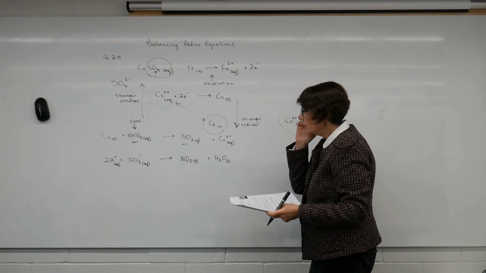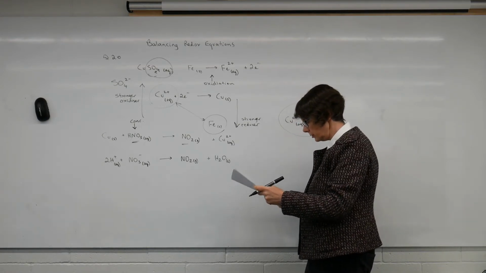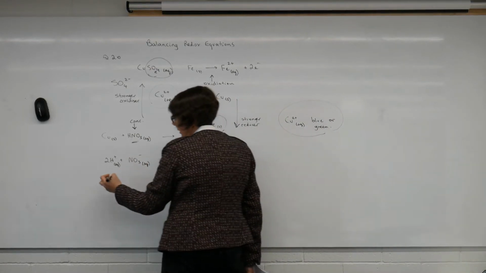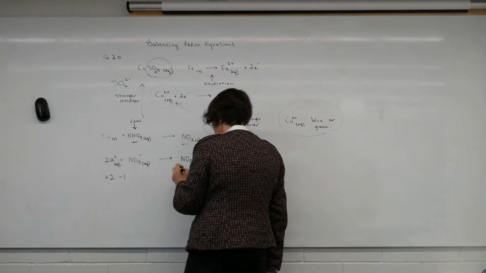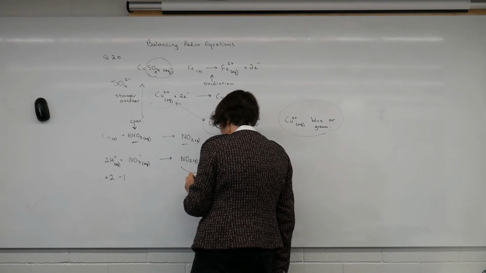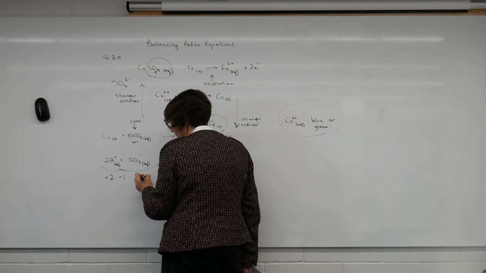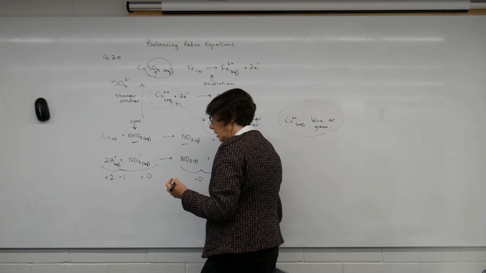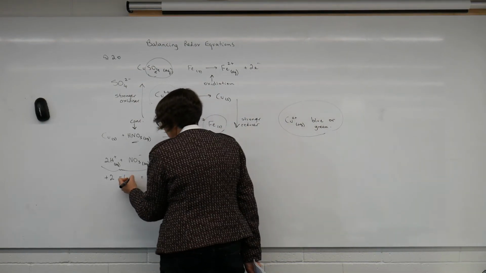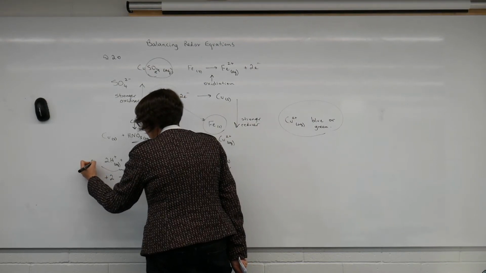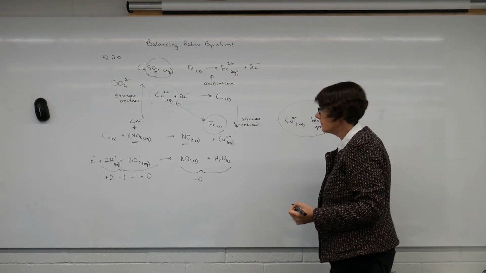And finally, we need to balance our charge with electrons. What I've got here is +2, -1, and on this side, this is equal to 0. So I'm going to need to make this side equal to 0 as well. And I need to subtract another 1, don't I? So that would mean I've got 1 electron on that side.